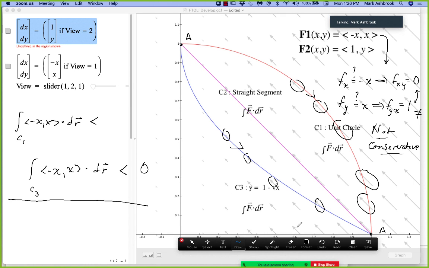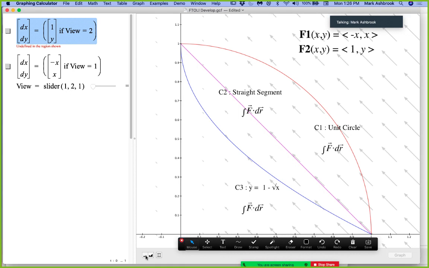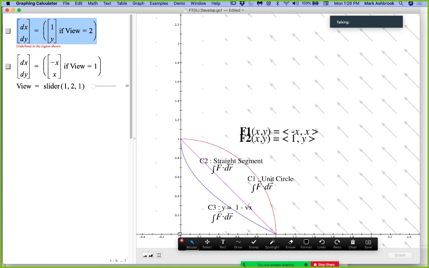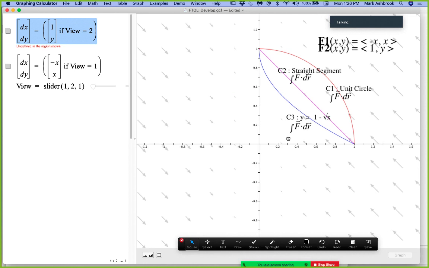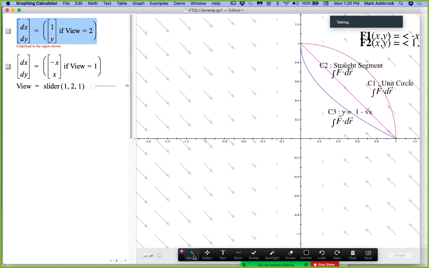If we zoom out here, we can just erase everything. Okay, we know we can find negative. In any of these paths through the first quadrant, we can create a negative line integral from A to B.